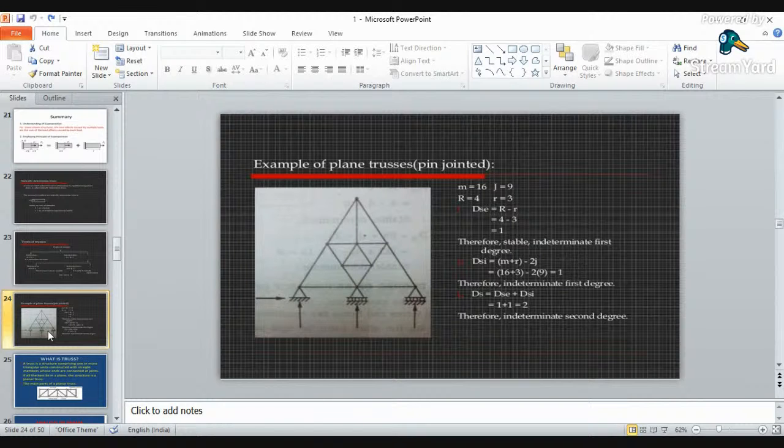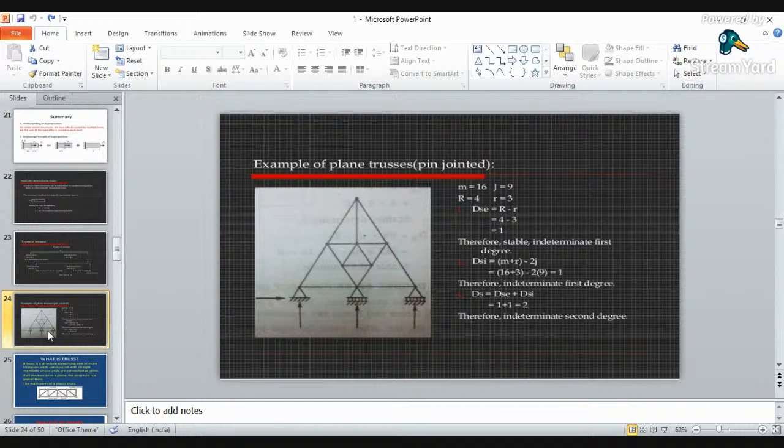It has 16 members and 9 joints. The total number of unknown reactions is 4, and the total number of equilibrium equations is 3 because it is a 2D truss. If it is a 3D or space truss, then the total number of reactions will be 6, that is, 3 moments and 3 reactions.